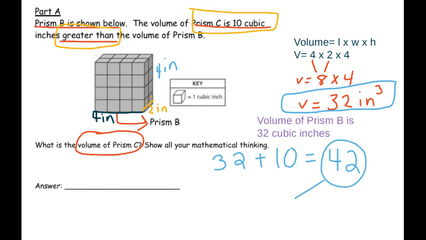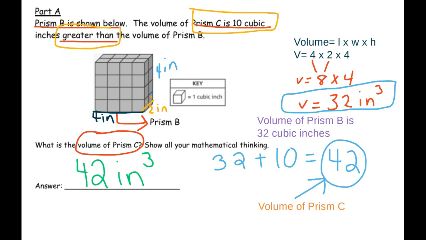And this is the volume of prism C. Now I'm going to go ahead and write my answer on the line. So the volume of prism C is 42 cubic inches. That is the volume of prism C.